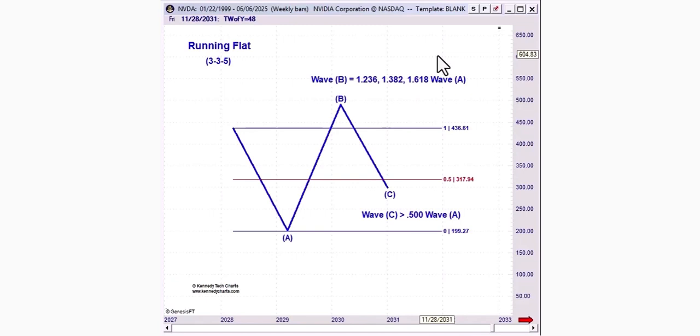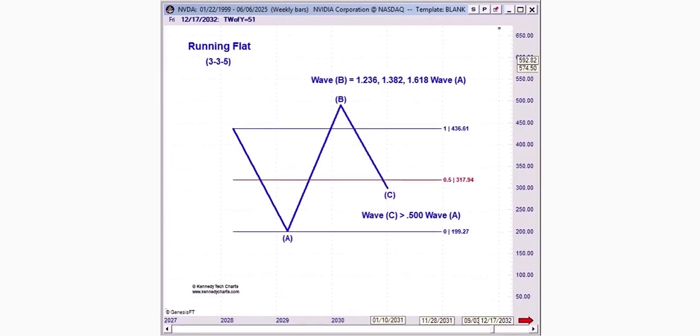Running flats are a rare pattern, less than 20% of the time. But whenever they do occur, pay very close attention, because the subsequent move should be somewhat volatile, because that underlying buying pressure is coming into the market, thereby preventing wave C from terminating where it should, which would be below the wave A extreme.